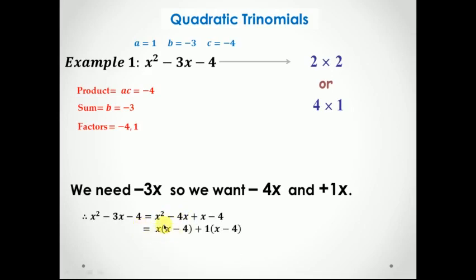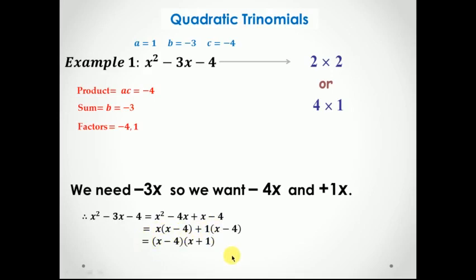So we'll factor out the x, and that will leave us with x minus 4. The highest common factor for x and negative 4 is 1. Notice we have common factors of x minus 4 in brackets. So our answer is going to be x minus 4, and what's left? x plus 1.